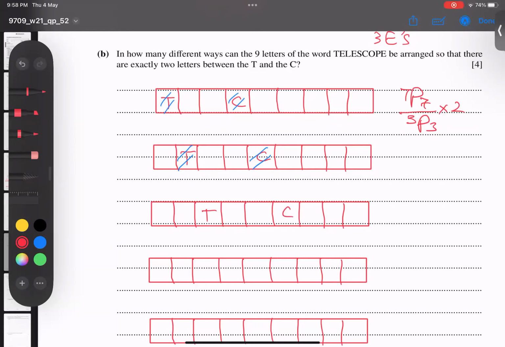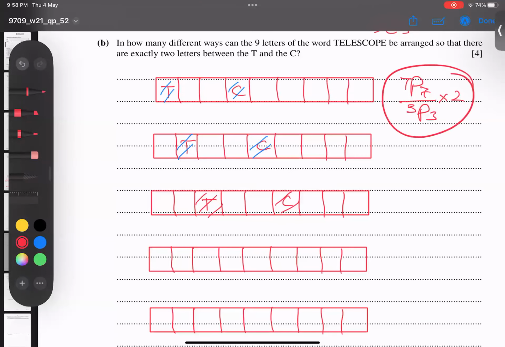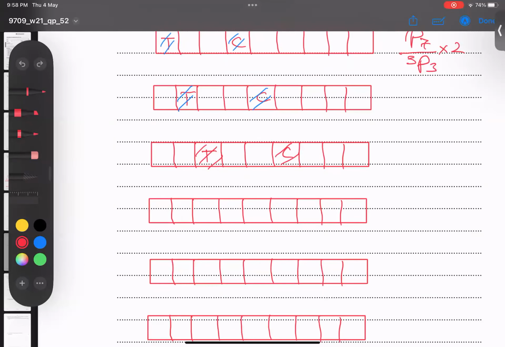So I hope you understand what I am explaining. Okay. So in this option, this is the T and C block here. So the same answer will come once again. And then T comes here and 2 spaces and C comes here. Again, a block here.